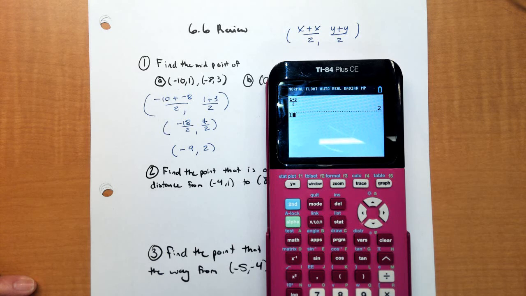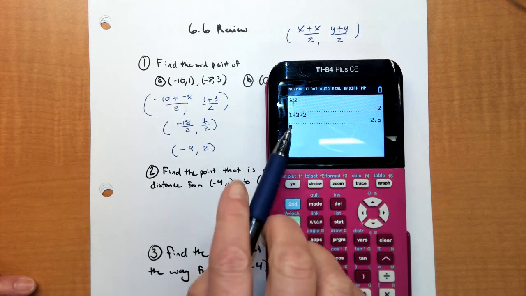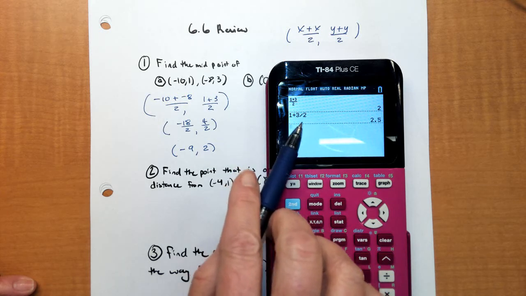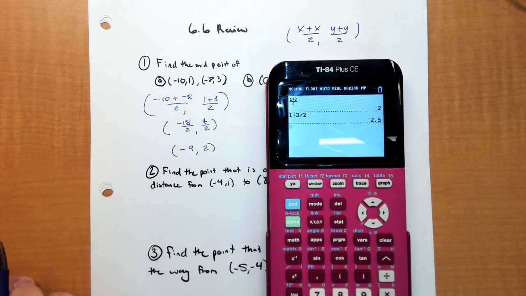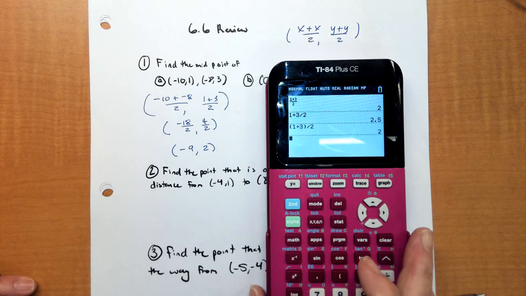If you just did 1 plus 3 and then hit divided by 2, it would give you 2.5, because the calculator does exactly what you tell it to. So it's going to do order of operations. So if you don't use the alpha F1 key, you're going to have to put the numerator in parentheses: 1 plus 3, close parentheses, divided by 2. So if you are getting some of the homework wrong, that could be why.